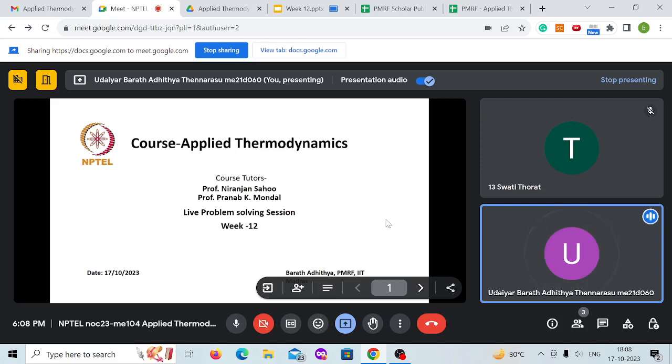So compressors can basically be of two types. You have one, positive displacement, and the other is centrifugal or rotary type. The positive displacement can again be of two types, reciprocating or rotary. The rotary type of positive displacement will be a lobe type, a screw type, or a scroll type.